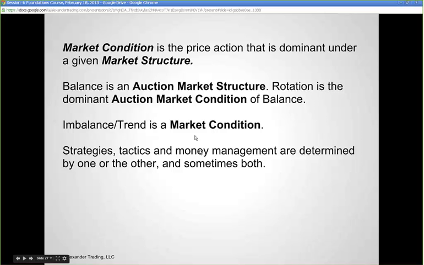This is key. This is critical. Strategies, tactics, and money management are determined by one or the other and sometimes both. This is why the trade setup thing that everybody obsesses over out there is so trivial.